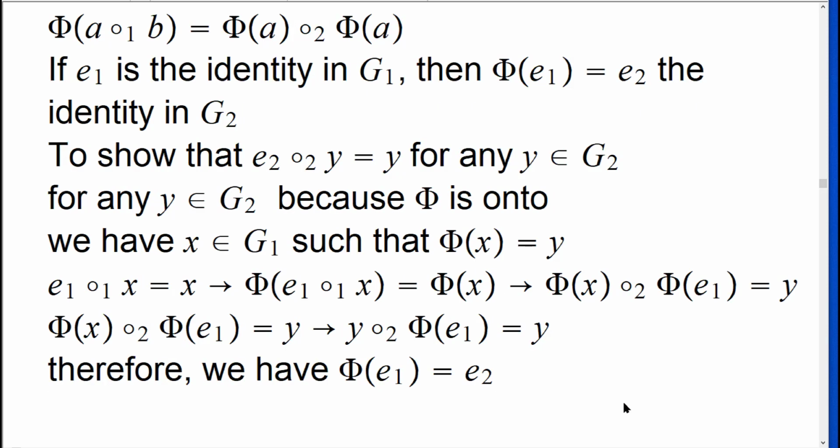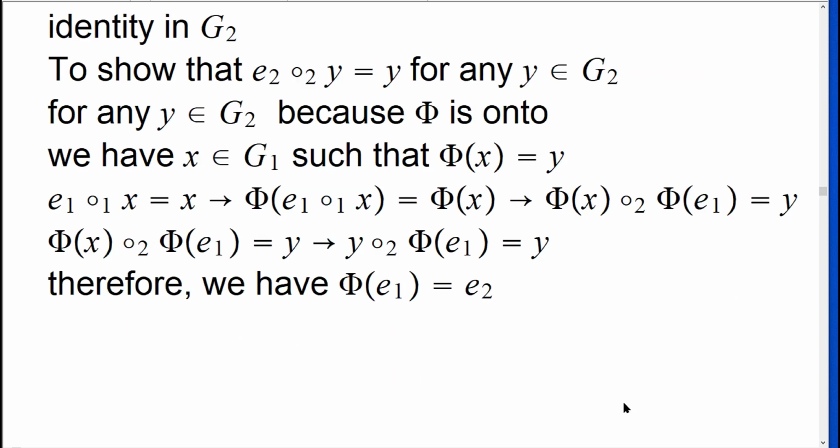Along the same lines, if phi of x is y, then we can see that it carries inverse to inverse. So if we apply phi on x inverse, we will end up getting y inverse, and we can see it slightly easier than before.